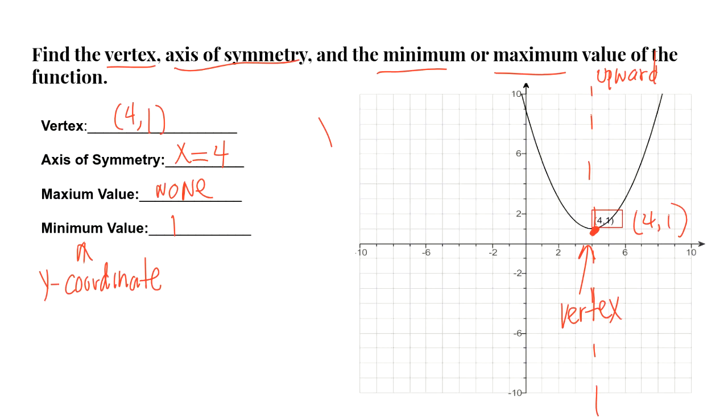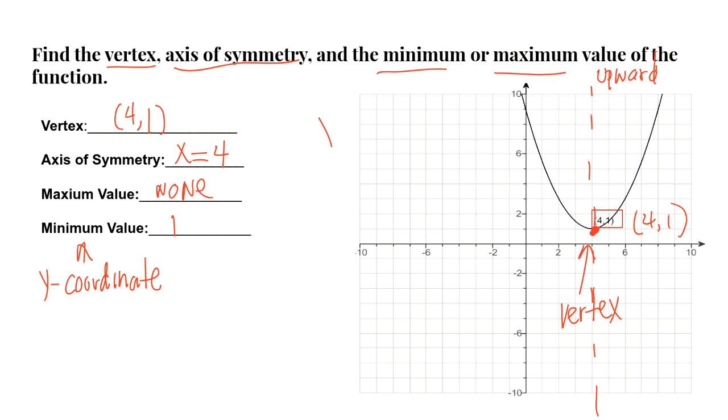So we pull the vertex from the graph, which is 4, 1, and the axis of symmetry is x is equal to 4, which is the x coordinate of my vertex. The parabola opens upward, so that means that I don't have a maximum value. I only have a minimum, and that is that one.